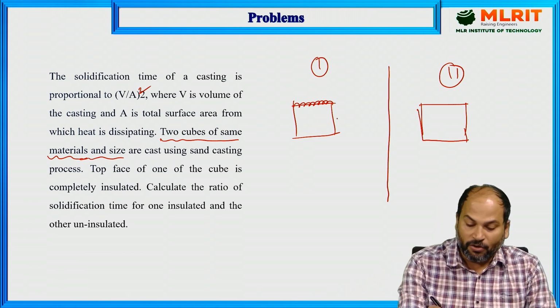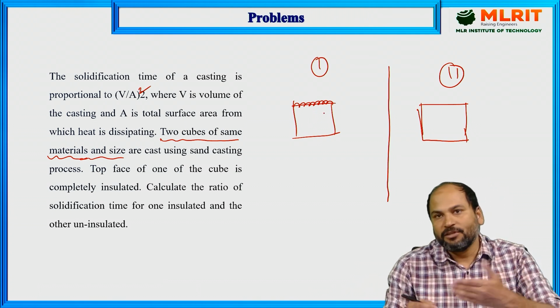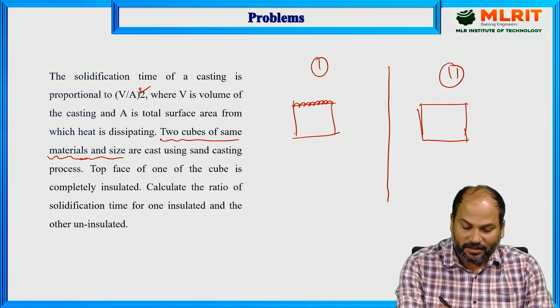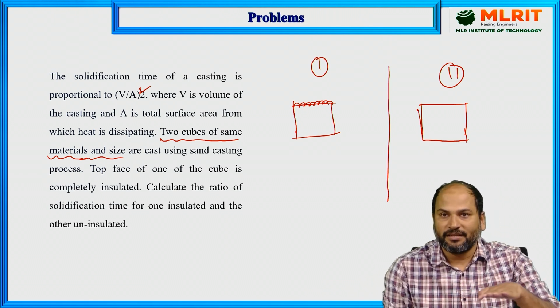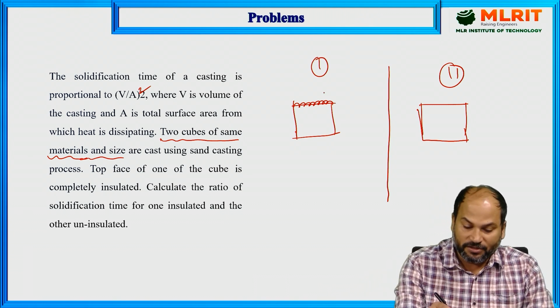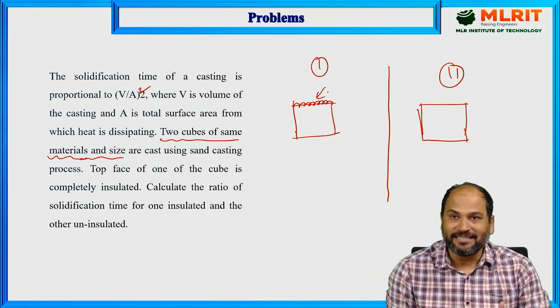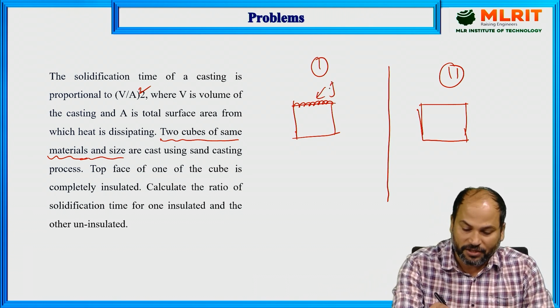Similarly here, this is one part, this is another part, this is another part, and this one is another. So fourth, and this is the fifth one, and the back of this one is the sixth one. But here the condition is given that one part is insulated, means one section is completely insulated. That means from this part there will be no heat dissipation because this is insulated.